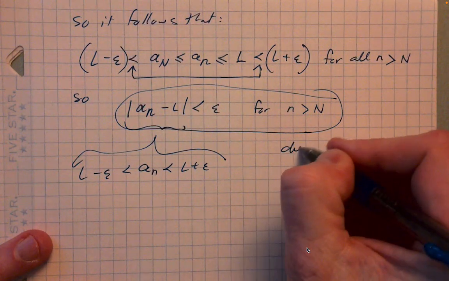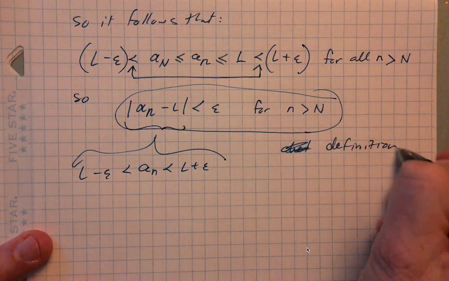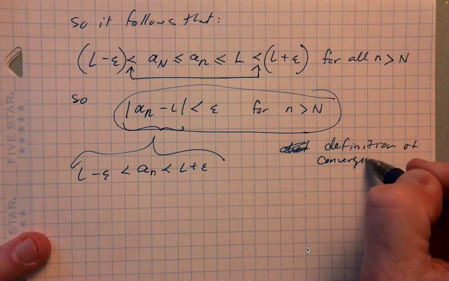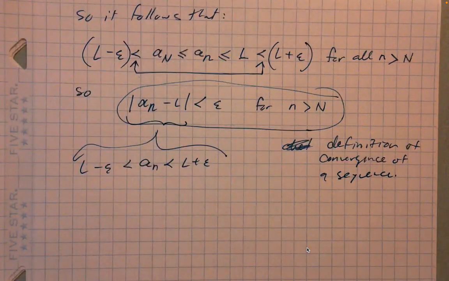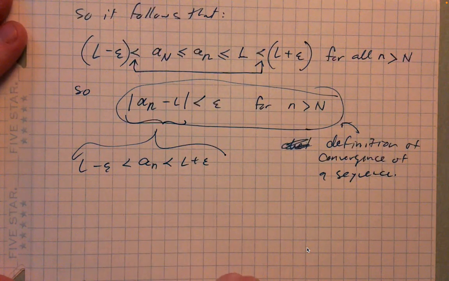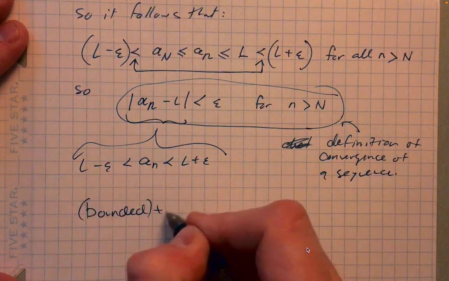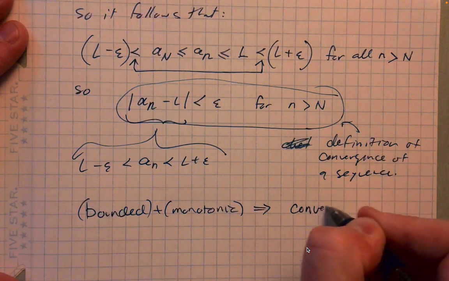Well, this is the definition of convergence of a sequence. And this is for all epsilon greater than 0, which was given at the beginning. So fantastic: bounded and monotonic implies convergence.